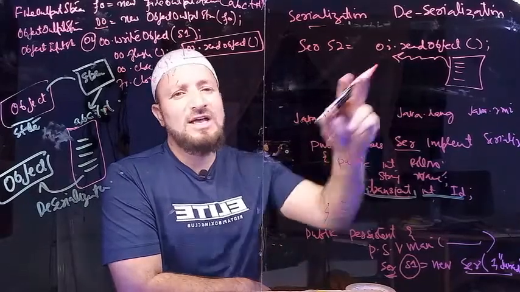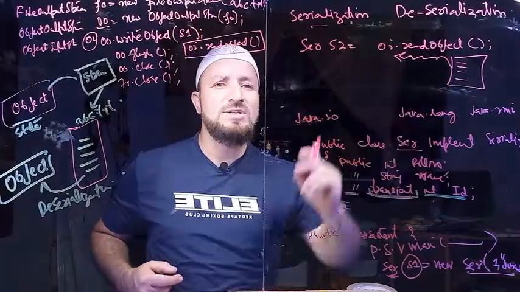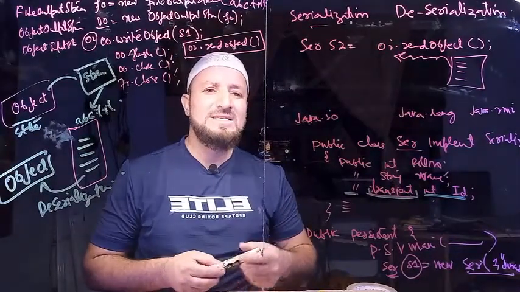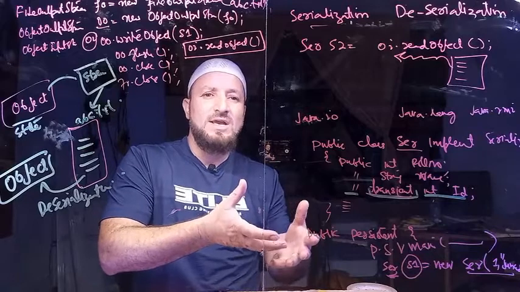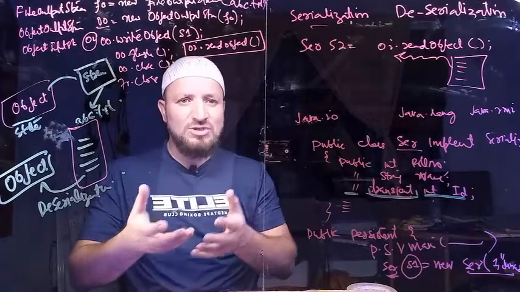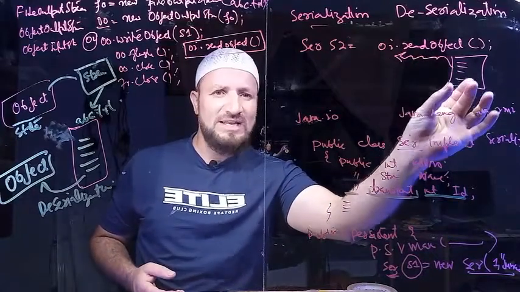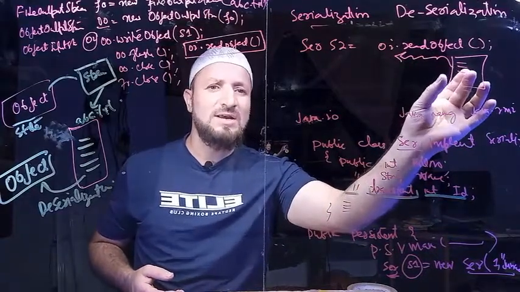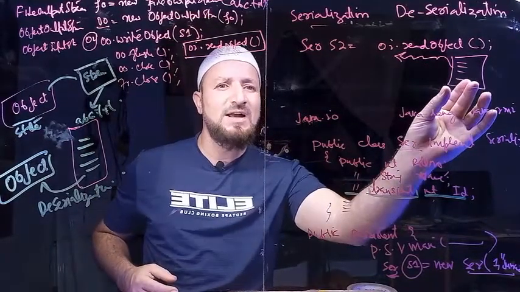But this again has one problem, because when I say OI.readObject, this is a general method. It fetches the data, the state of a class which was saved as a byte stream in a file.